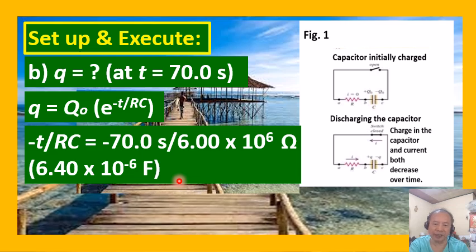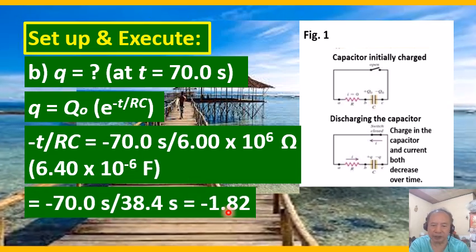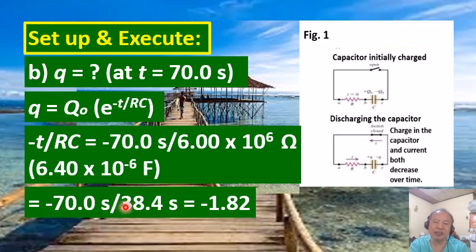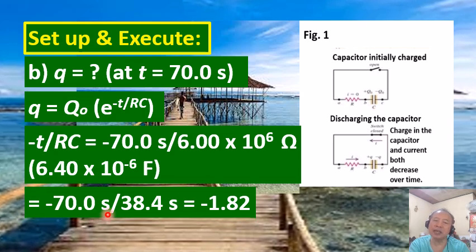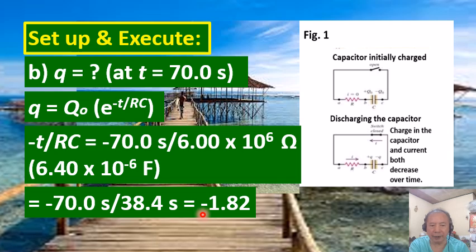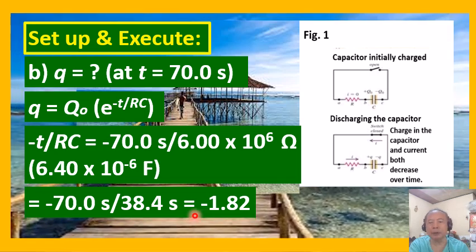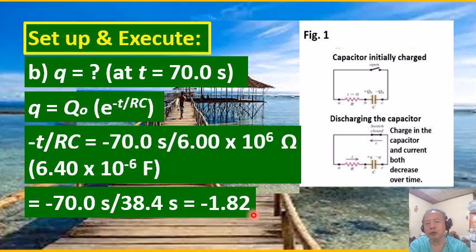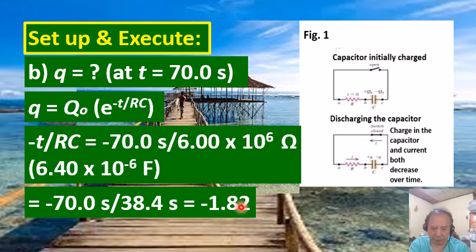Again, with the help of your scientific calculator, we find this power of the Euler's number equal to negative 70.0 seconds divided by 38.4 seconds. Again, the unit second cancels out. So our result, the power of the Euler's number, equals negative 1.82, also rounded to 3 significant figures.